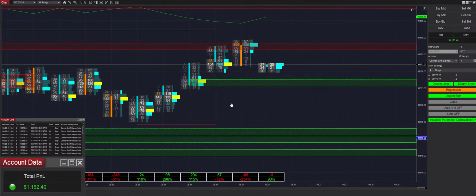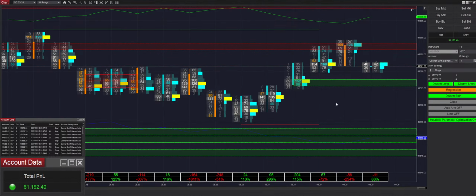Hopefully, we can stay in the green and end up finishing at our profit target. But let's see here, not doing too well at this point.